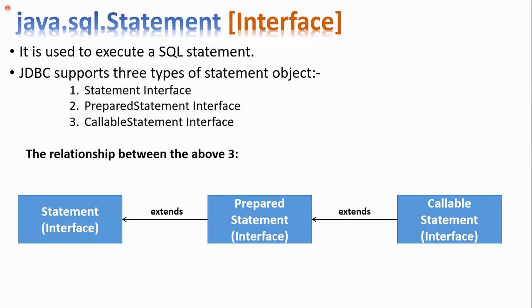Since all 3 are interfaces, between interfaces I cannot have an implements relationship as per the rule of interfaces, so the relation I can have is only an is-a type of relationship. It means that PreparedStatement is extending a few characteristics from Statement, and CallableStatement is extending a few characteristics from PreparedStatement. Okay, you can directly execute the same program itself.